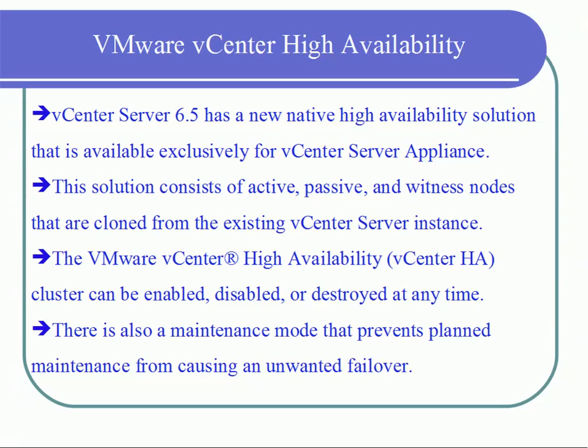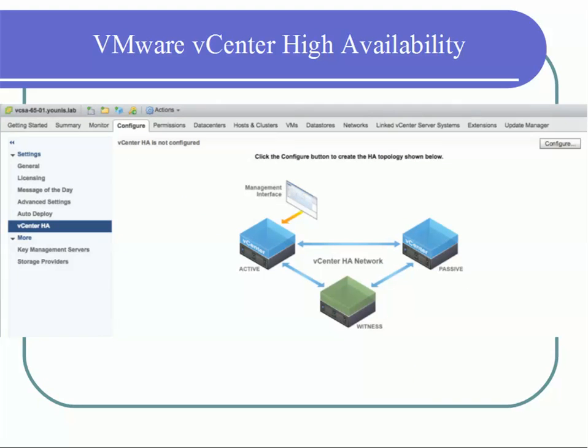And this can also help your planned maintenance solutions. And this is how your architecture shall be, where it can have the active and passive nodes, and also we can have a separate witness server.